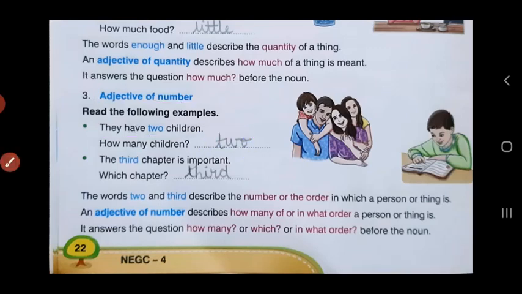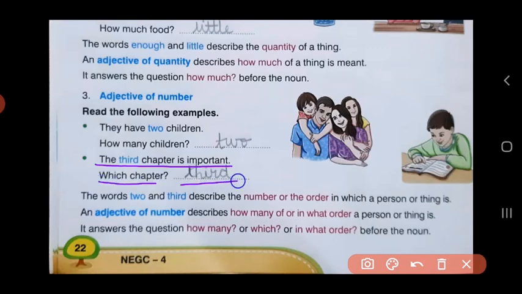The second sentence. The third chapter is important. Here the noun is chapter and the word before the noun is third. Which chapter? Third. So in both the sentences, the words two and third describe the number or the order in which a person or thing is.